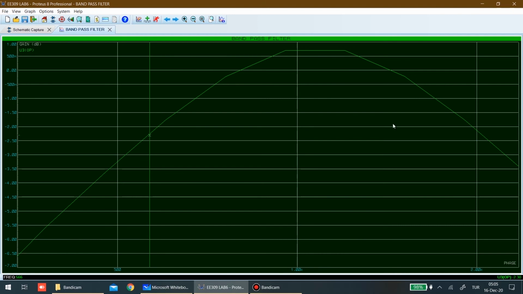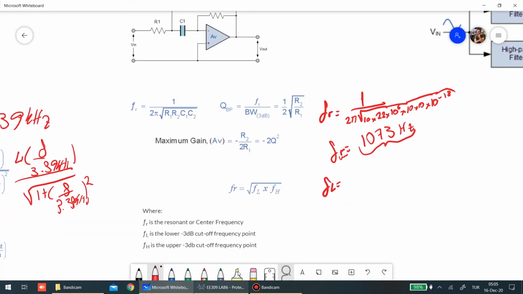By the way, do not forget, these values are not precise. We are making lots of errors while reading these numbers from the plot. Okay, let us say that the lower cutoff frequency is 566 hertz.